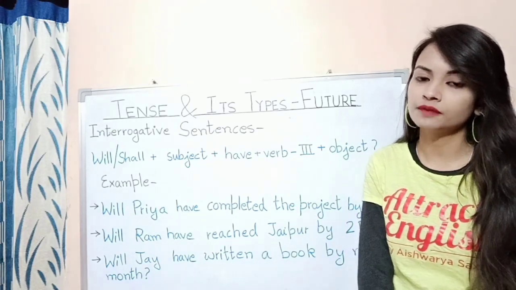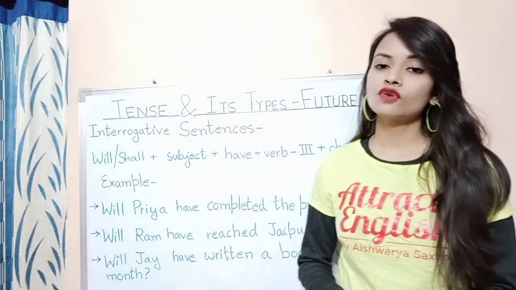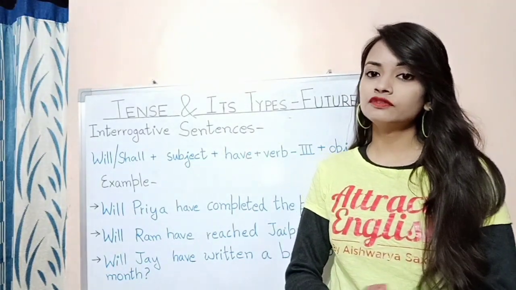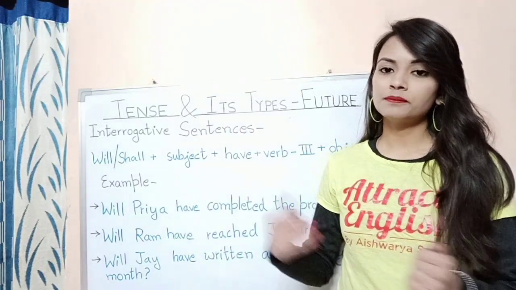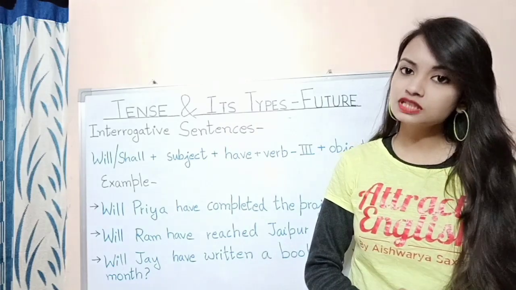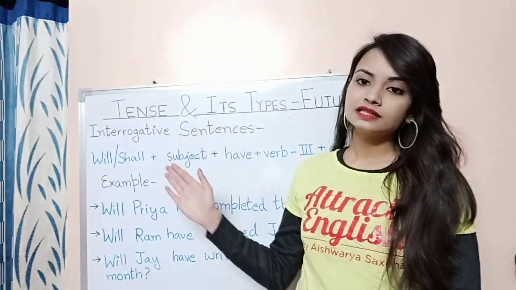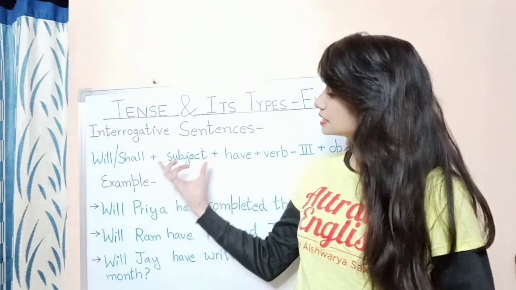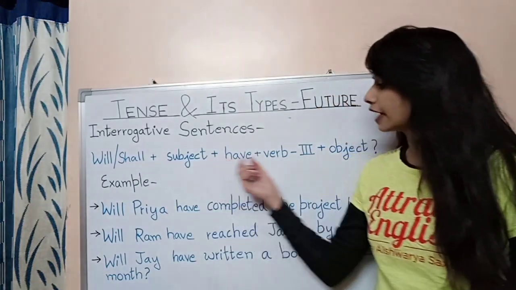Now as I told you, if you know the first format well, then you can derive the rest of the formats from there. So now if we compare this format with that first format, then you will see that format was starting with the subject and then plus will or shall, plus have, and so on.